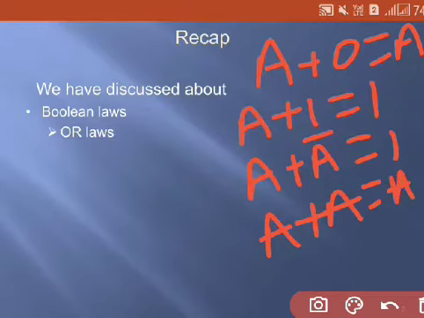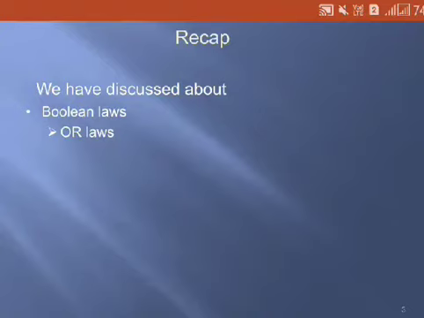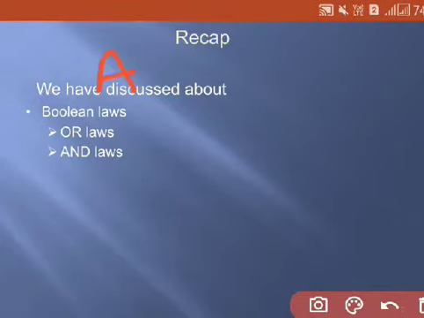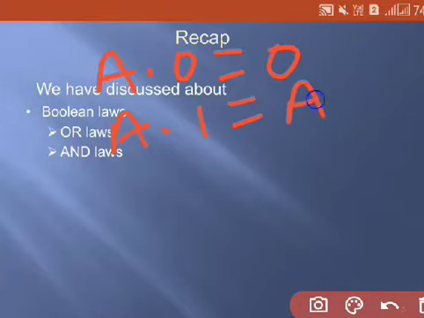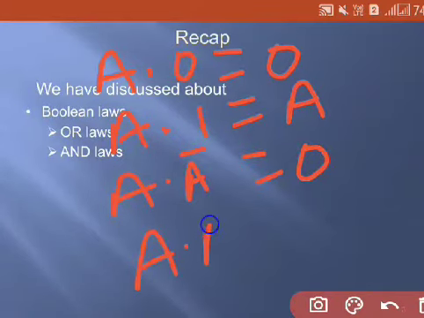So these are the four OR laws available, and in a similar manner you can also have AND laws like this: a into 0 is equal to 0, a into 1 is equal to a, a into a bar is equal to 0, and a into a is equal to a.